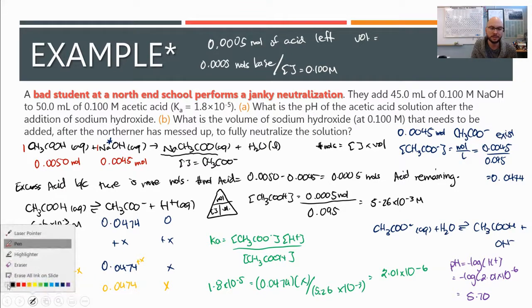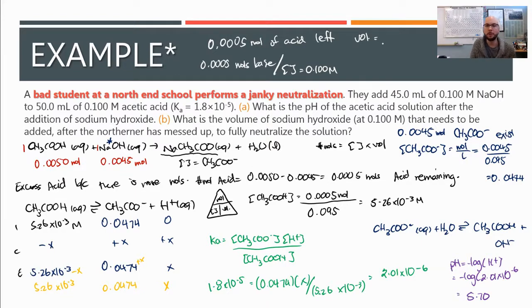We need 0.0005 moles, and the concentration is 0.100 molarity, which works out to be 0.0005 divided by 0.1, which just moves the decimal over 1. That's in liters, which is not very useful, so I'm going to multiply by 1,000, and we can see that it works out to being 5.00 milliliters.